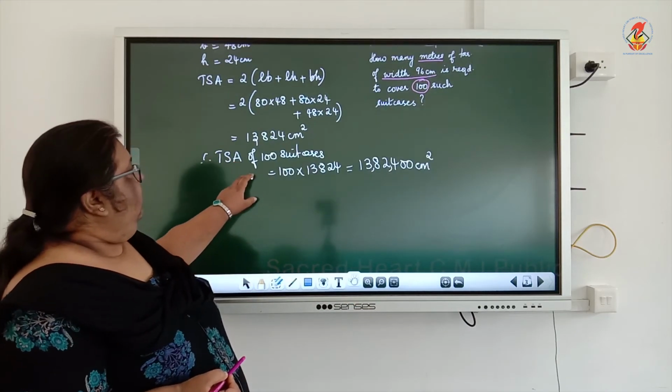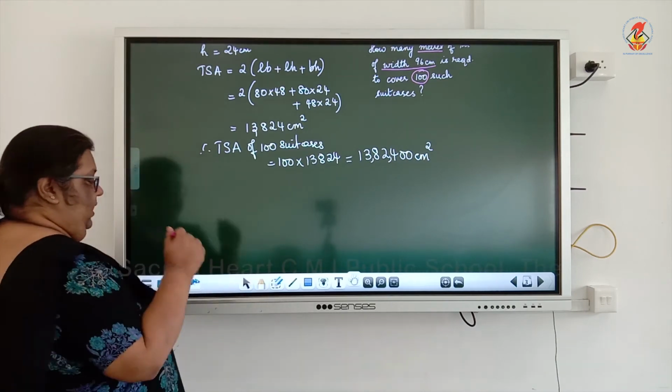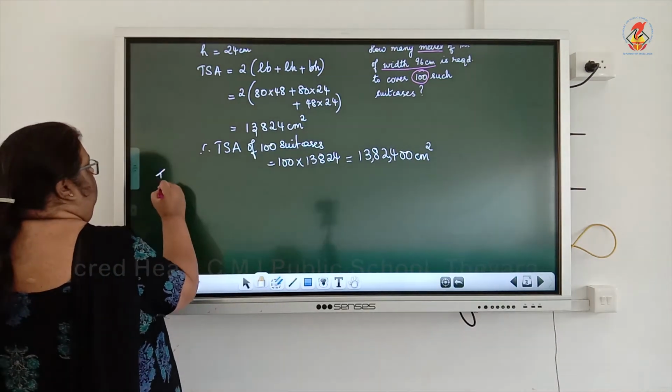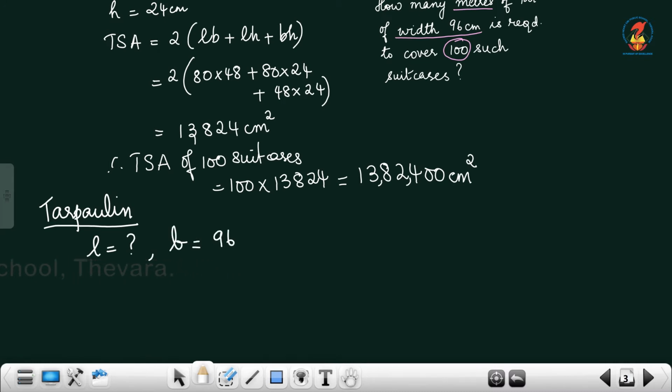This will be the total surface area of 100 suitcases. Then our cloth length we don't know, breadth is equal to 96 centimeter.